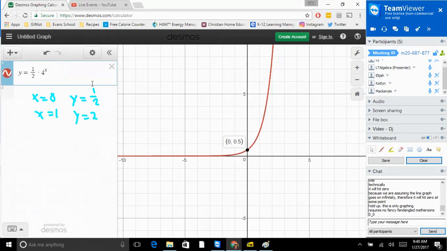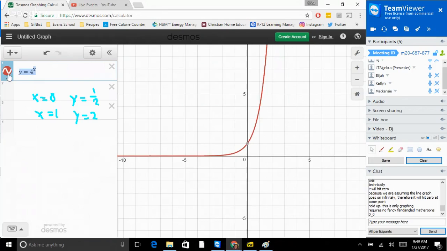Okay, so that's what happens when you multiply a growth function. You can also add and subtract to a growth function. So my original was this graph, right?